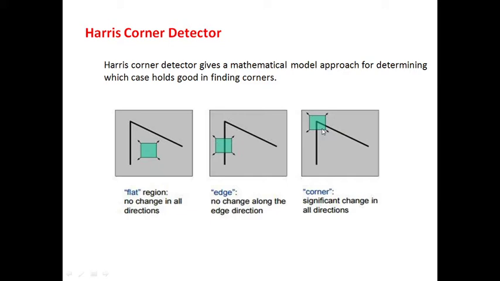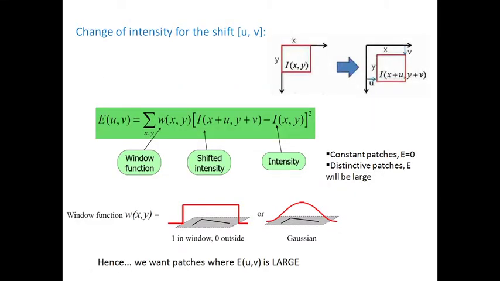To analyze the Harris Corner detector, let me take a window function w of x comma y. If this window function is placed on some pixel, I get the intensity as I of x comma y.